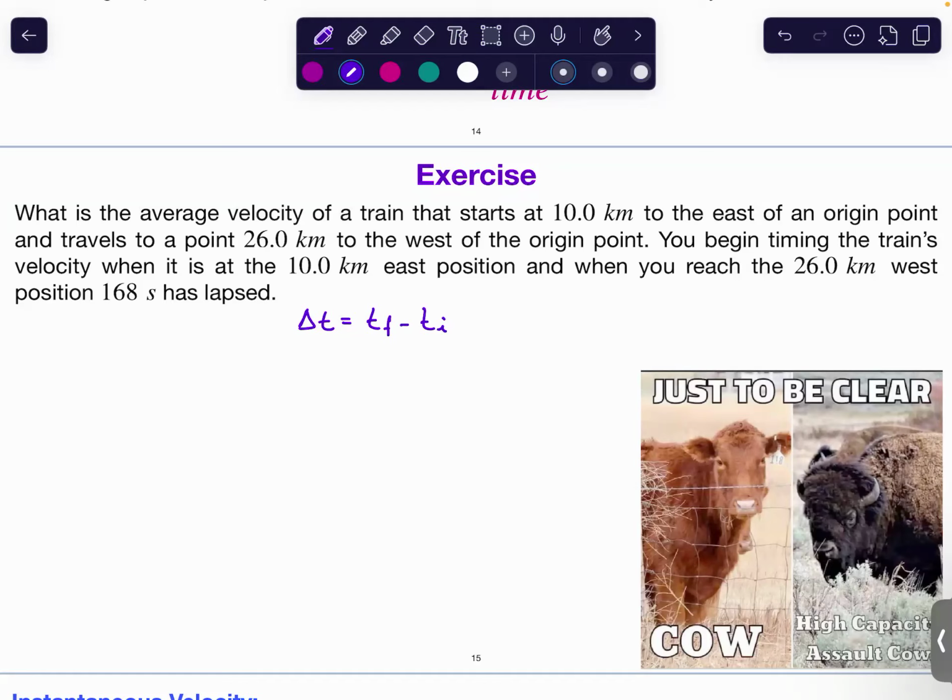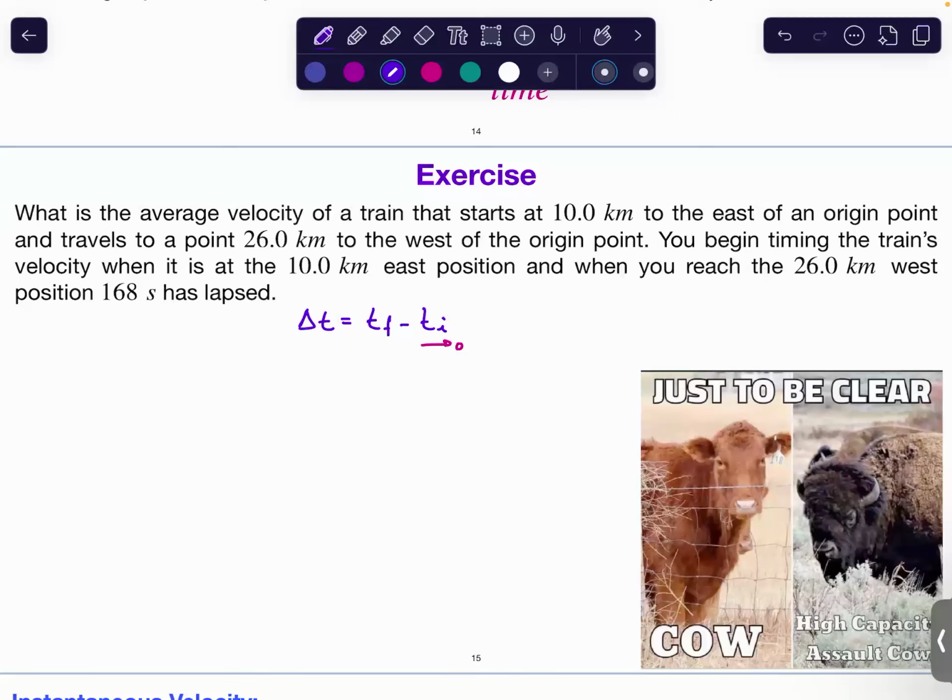One of those can be zero. Which one is it? The initial time, because I didn't do any timing before I hit that 10 kilometers east position. I just started there. So my watch or clock or whatever is at zero. So you say, well, I'm not going to need that. So that goes to zero. It's going to factor out of our solution.